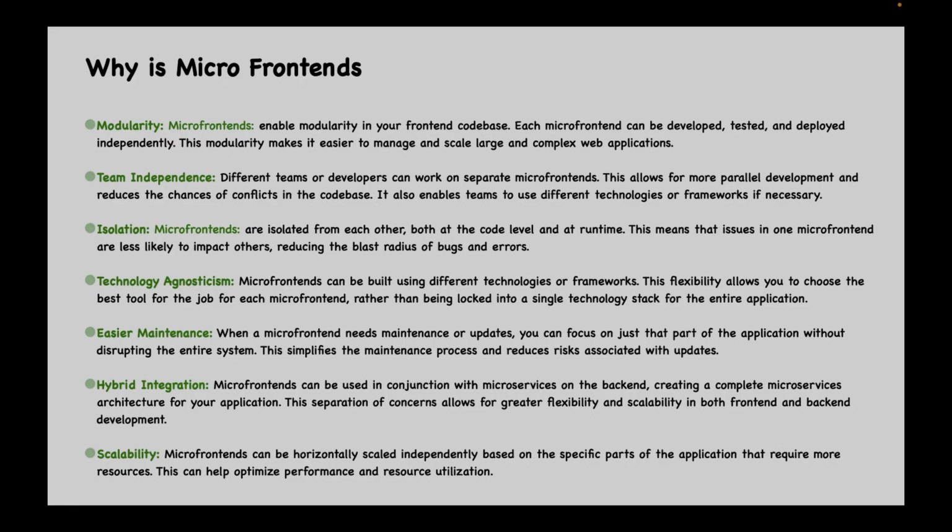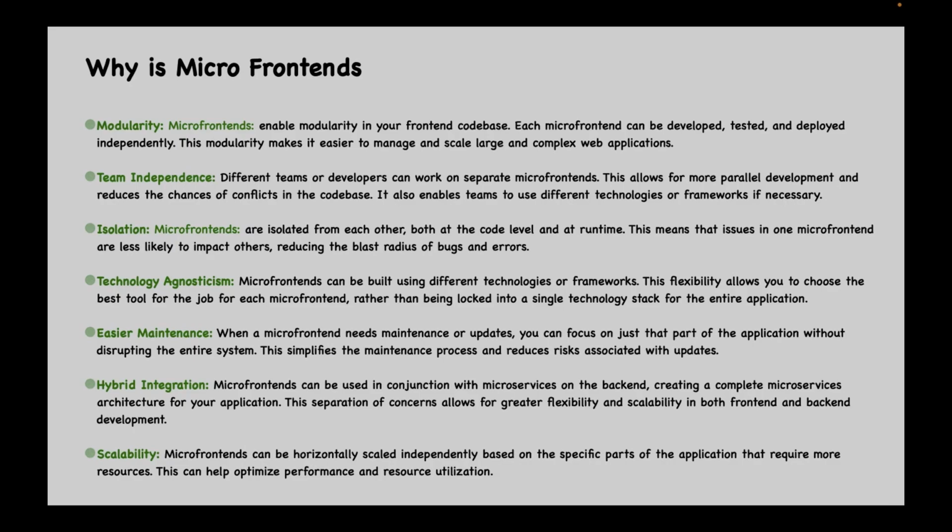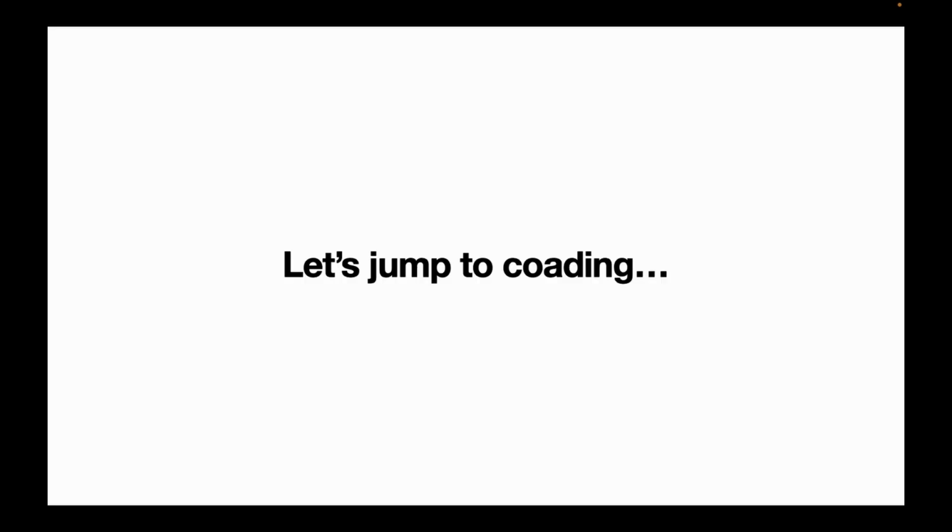So there will be no connection between them, but they still can serve the purpose, that is the e-commerce site. So this is an example. We will see. Let's jump into the code.